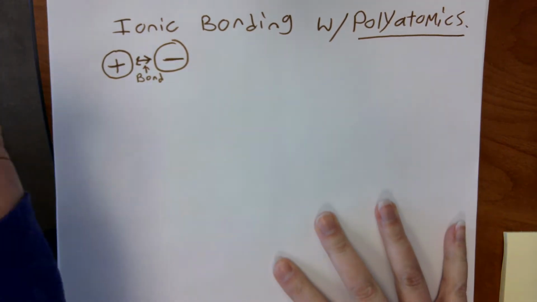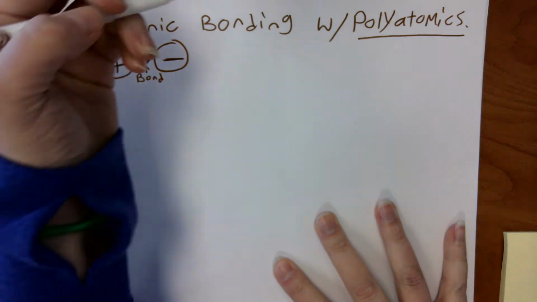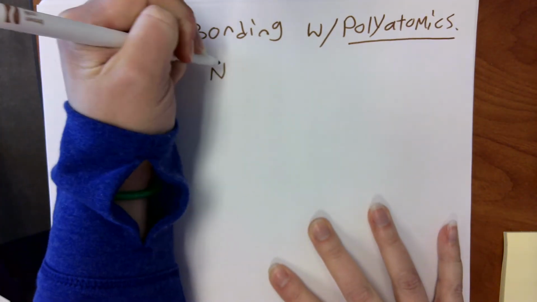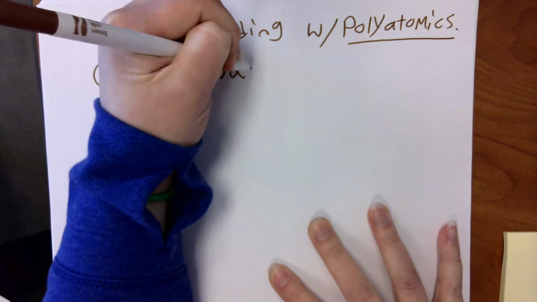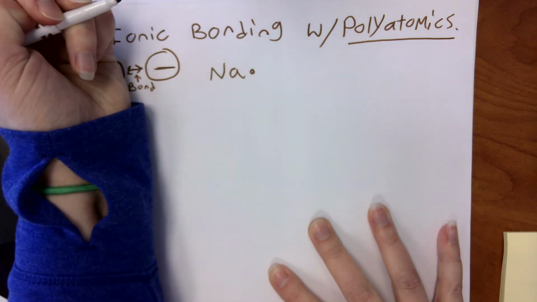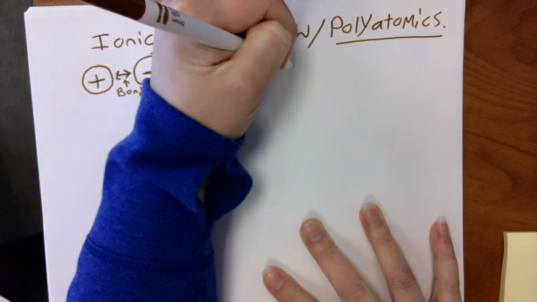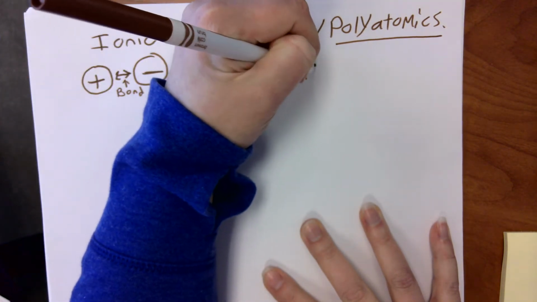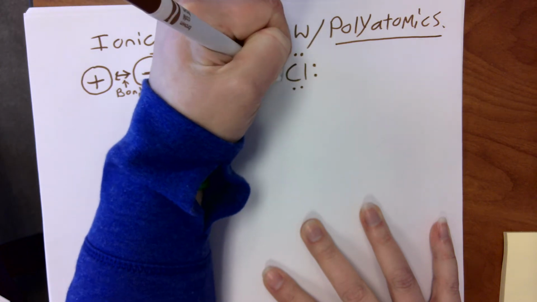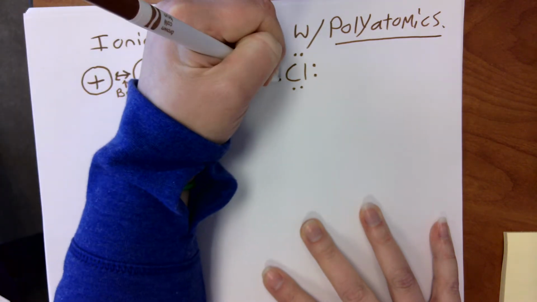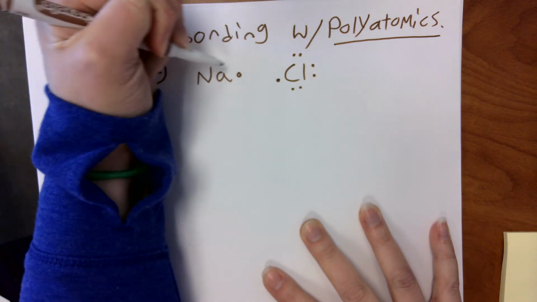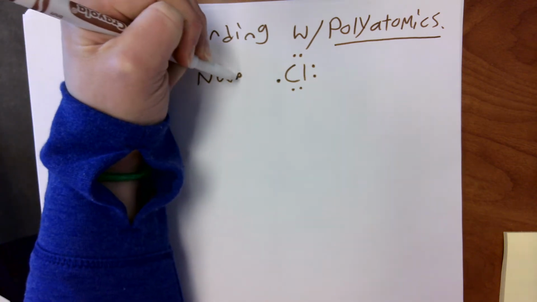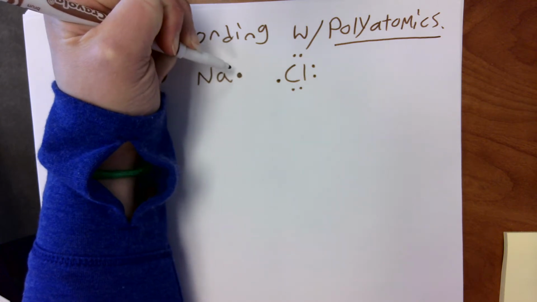So we talked last time about some basic ones like sodium chloride, where sodium has one valence electron and chlorine has 7. Both sodium and chlorine want to have full valence shells.